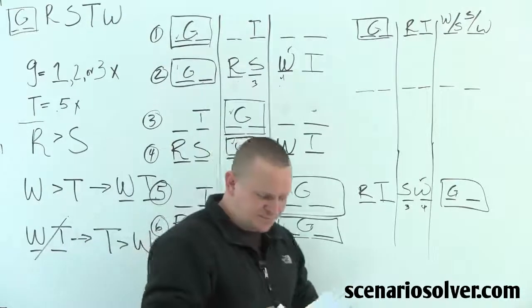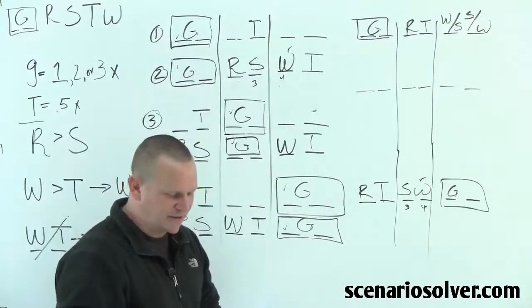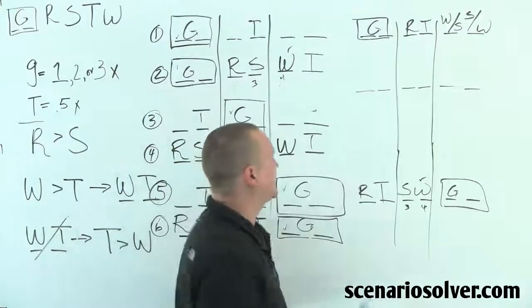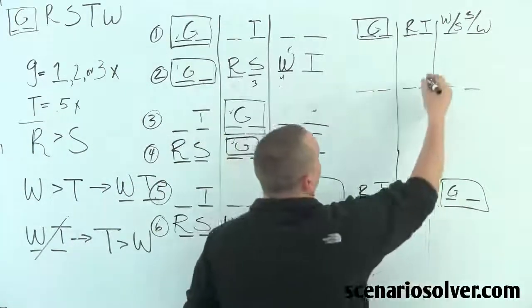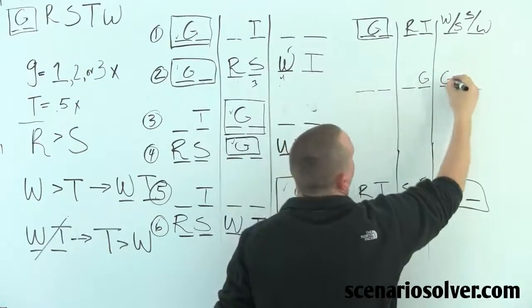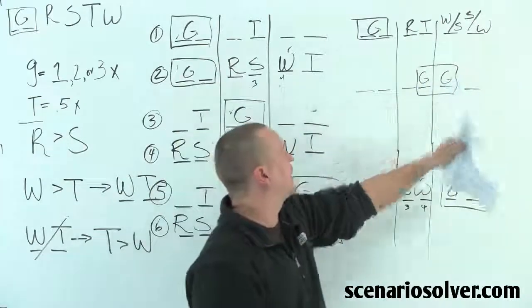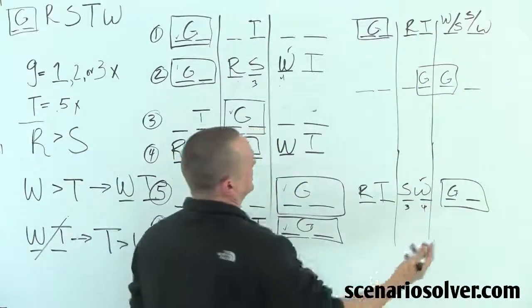G is not shown immediately before T. So let me just put, if I place G right here, that's having G at the top of the hour, right? So it's not shown immediately before.